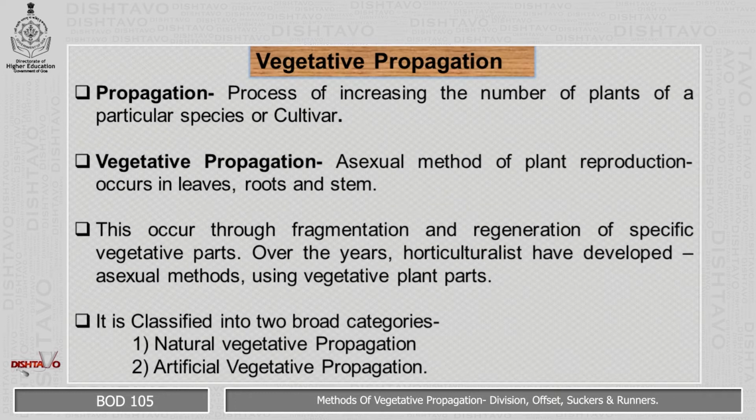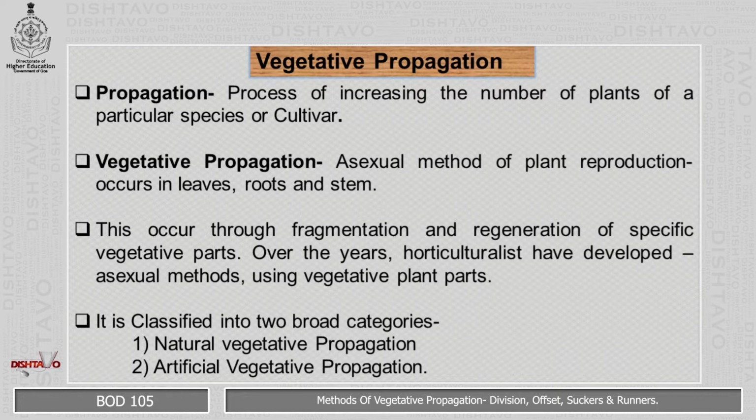Now, what is vegetative propagation? It is an asexual method of plant reproduction which occurs in leaves, root and stem. What is propagation? It is a process of increasing the number of plants of a particular species or cultivar. This occurs through fragmentation and regeneration of specific vegetative parts.